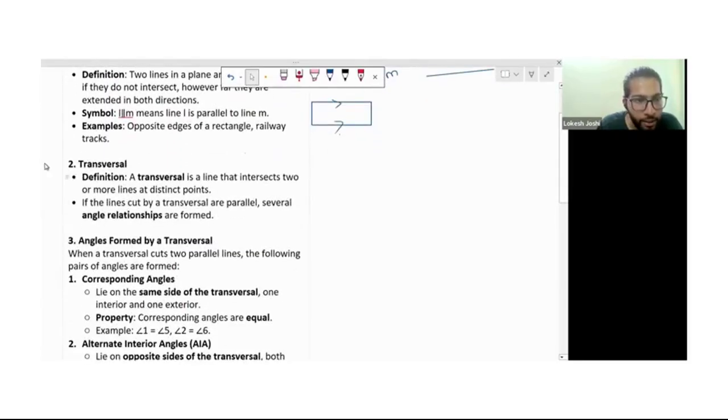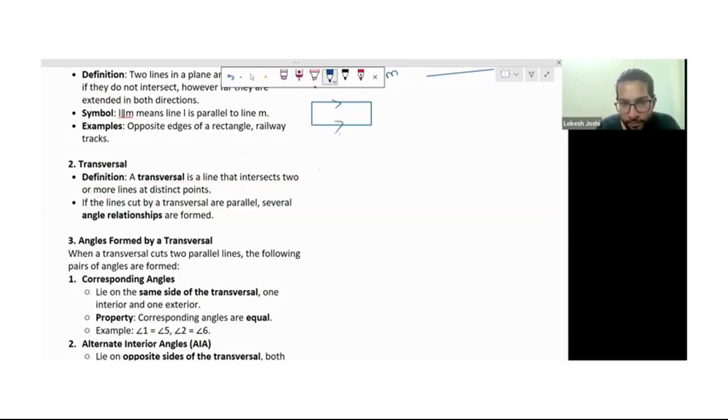Now the main part of our video starts from here, which is transversal. It's written there: a transversal is a line that intersects two or more lines at distinct points.